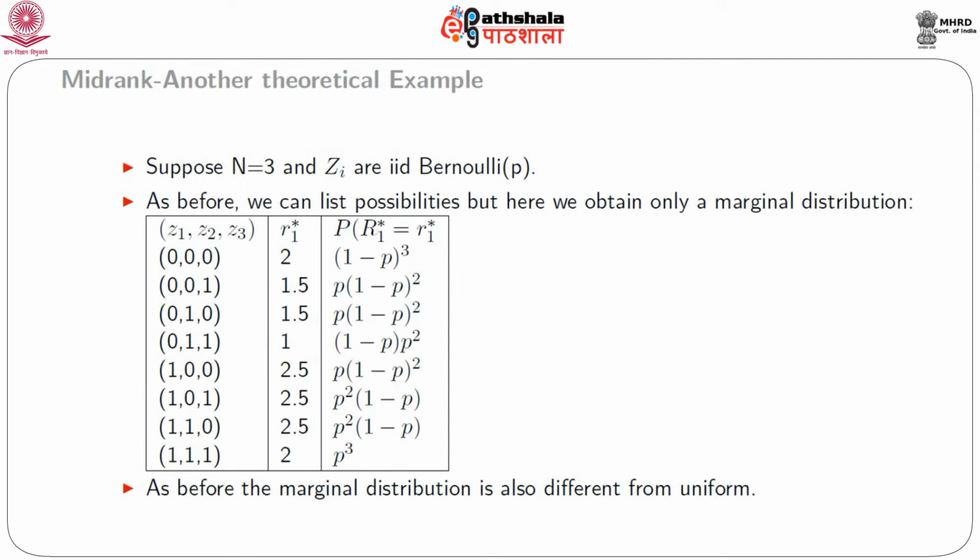Another theoretical example can also be constructed when we have three observations and each observation is independent Bernoulli(p).